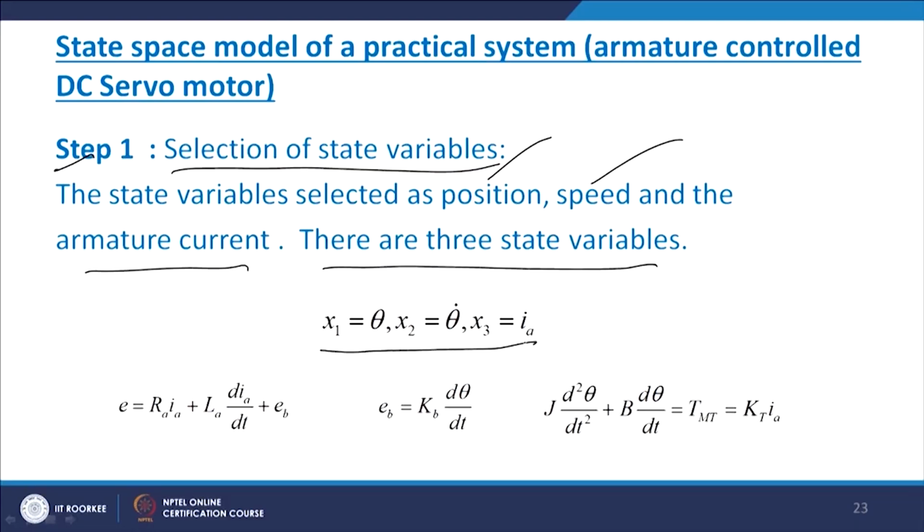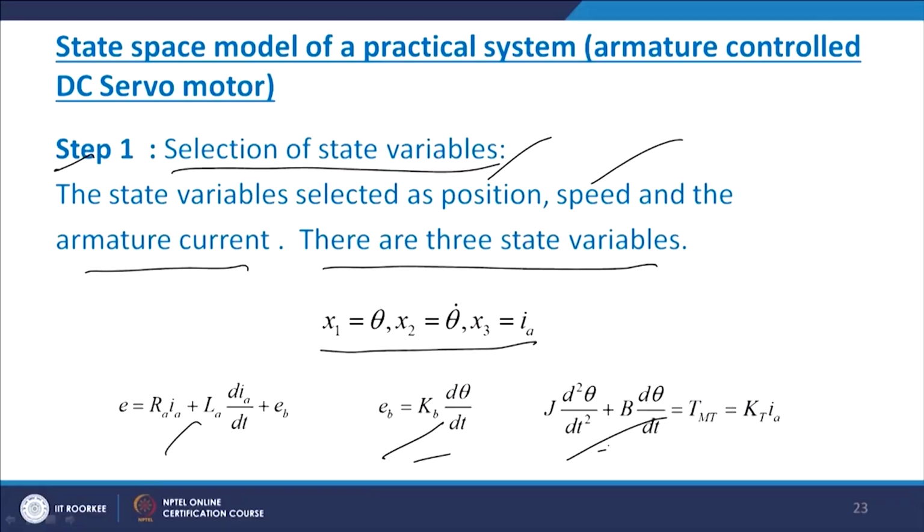Therefore we have considered these 3 state variables, and we have already determined the equations for the armature circuit, the back EMF and the torque equation of the motor with reference to the moment of inertia and the friction. So these are 3 equations, and now we have to adjust these variables in these equations.